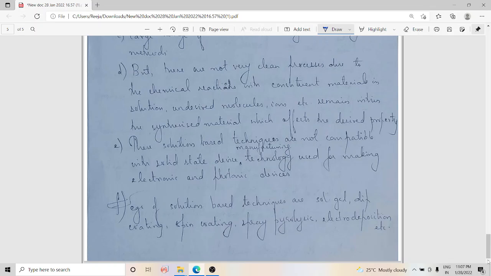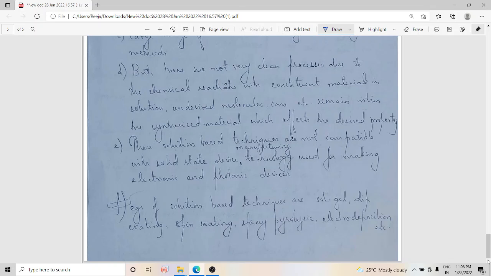Examples are evaporation, sputtering, chemical vapor deposition, molecular beam epitaxy, etc. And the solution-based process involves the production of nanomaterials on the basis of chemical reactions in the liquid phase. So these are simple and cost-effective, but they are not highly clean.